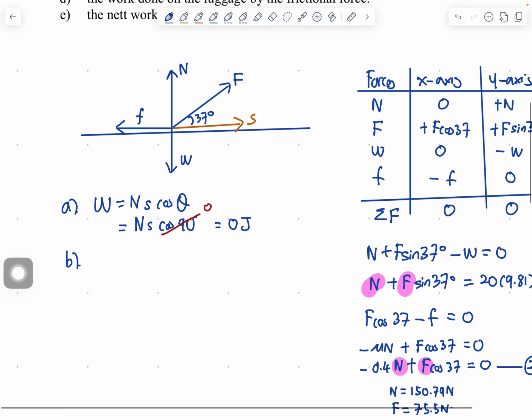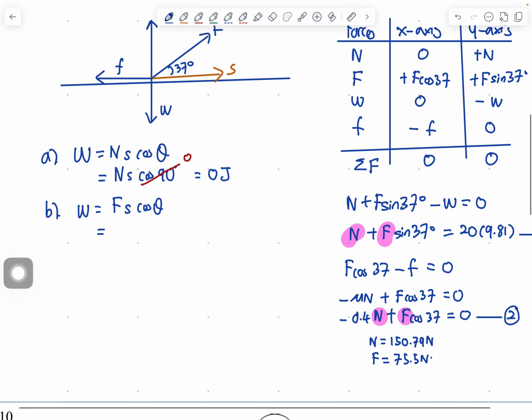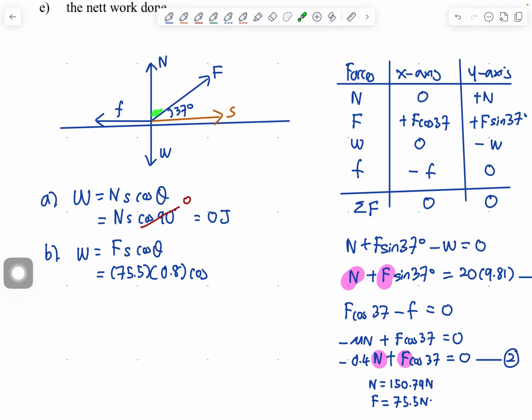So for this external force, I'm going to use the equation W = Fs cos theta. Substitute in our external force from the earlier calculation, which is 75.5, displacement 0.8, and then cos of the angle between the external force and the displacement, which is 37.